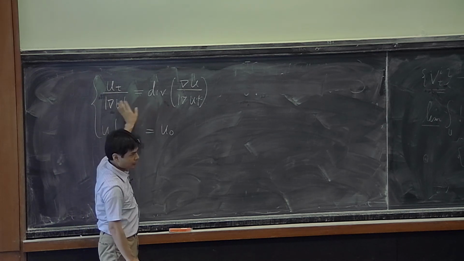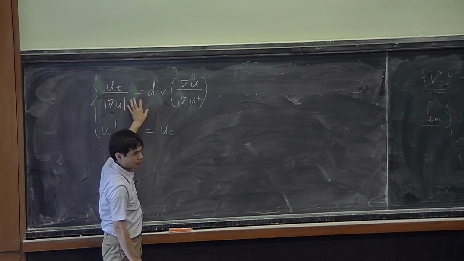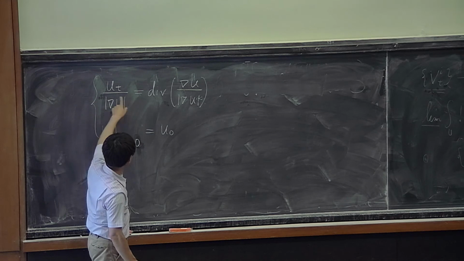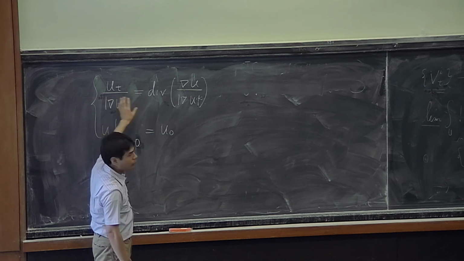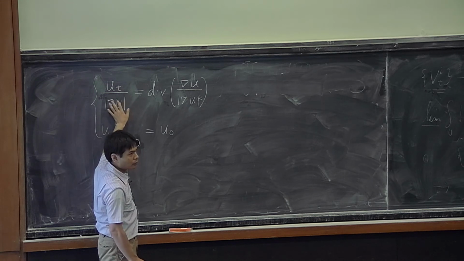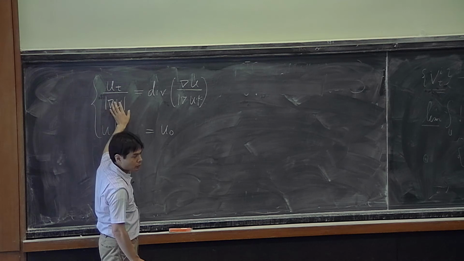So if this is equal, that means it's a mean curvature flow. And because of this degeneracy, you see, of course, when the gradient is 0, you have a singularity. So you have to define this equation using the notion of viscosity solution.